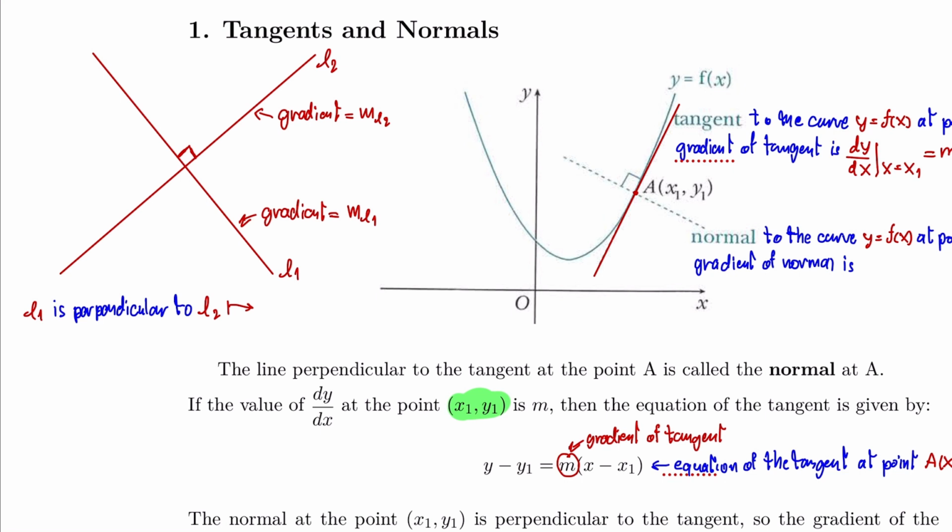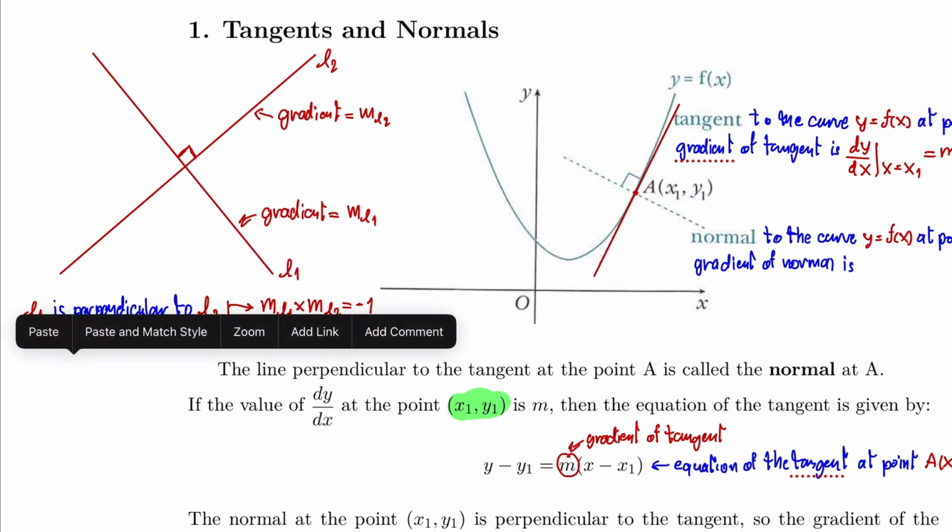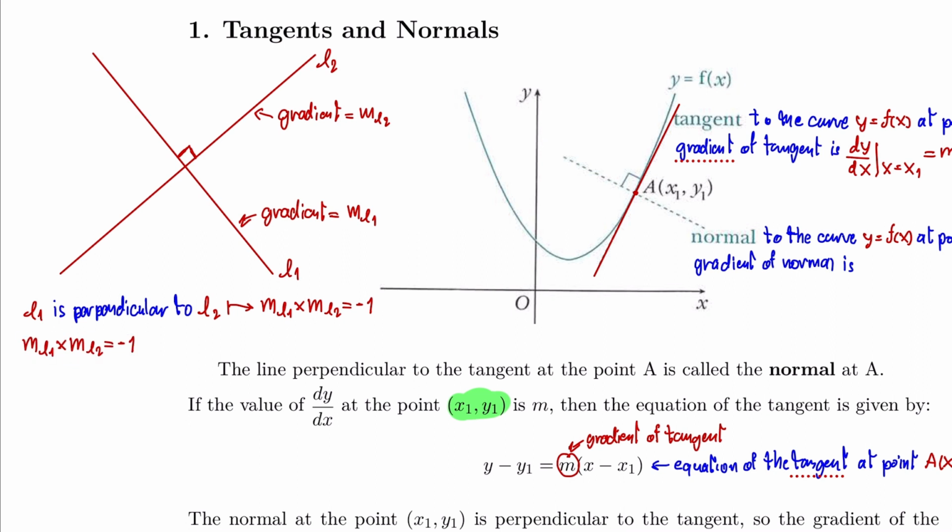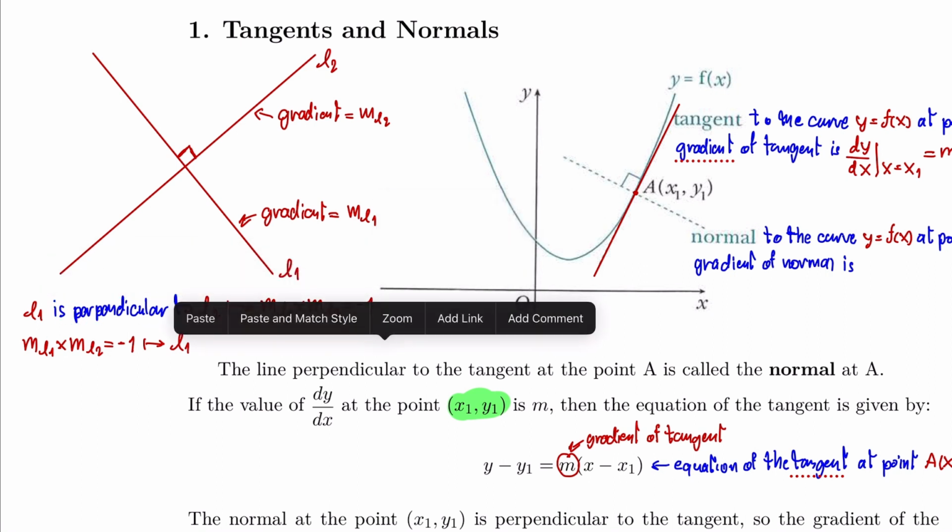If L1 is perpendicular to L2, then the gradient of L1 times the gradient of L2 equals -1. Or if the gradient of L1 multiplied by the gradient of L2 turns out to be -1, it implies that L1 is perpendicular to L2.